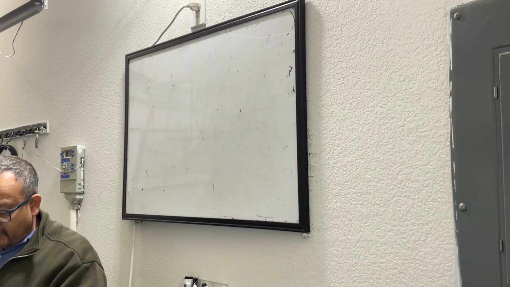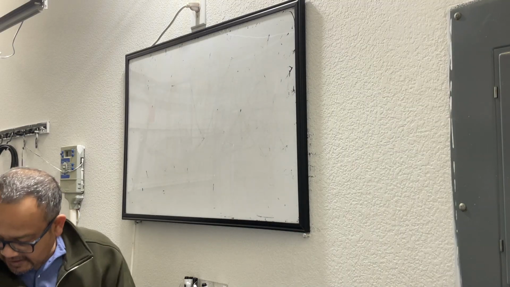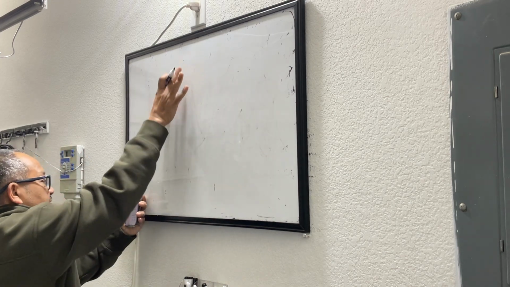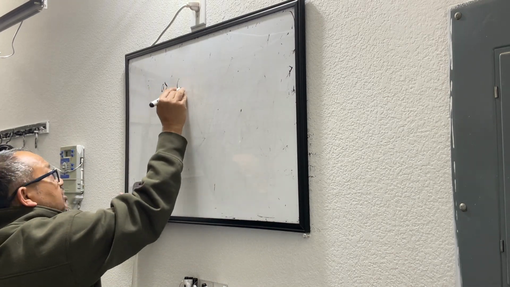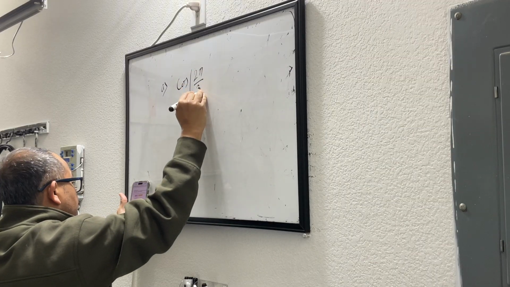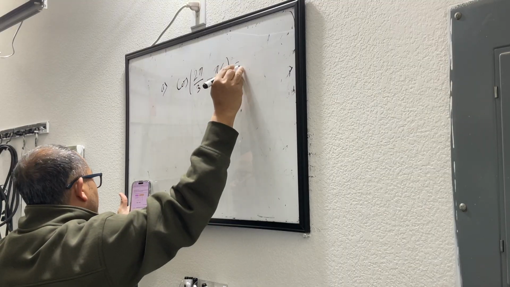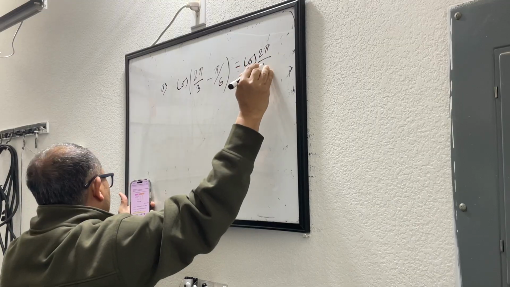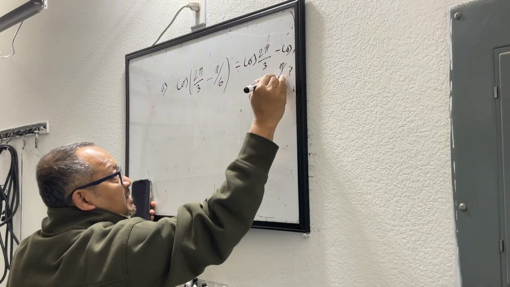First one says determine if the equations below are true or not. And I'm just plotting it here. It says the first one is cos of 2 pi over 3 minus pi over 6 equals cos of 2 pi over 3 minus cos of pi by 6.